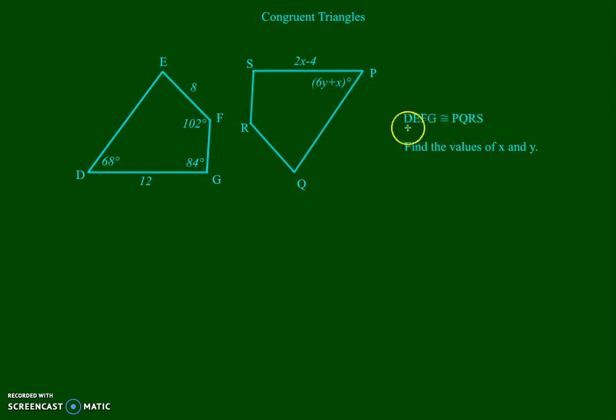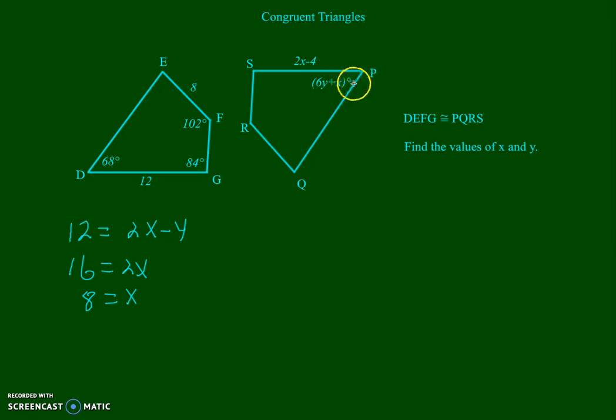That corresponds to DG. DG is 12. So we know that 12 equals this side, 2x minus 4. Let's add 4. 16 equals 2x. 8 equals x.